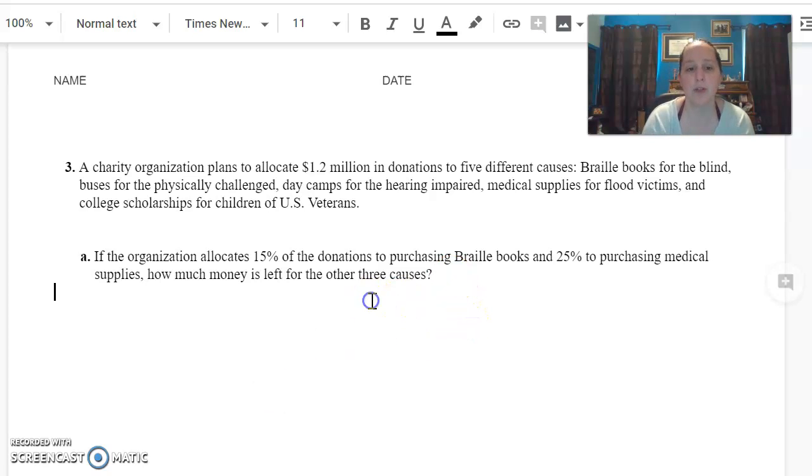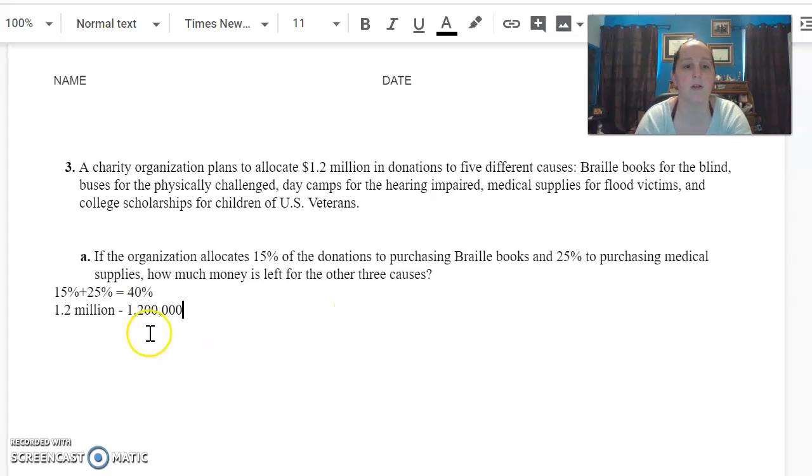So there's actually a couple different ways to do this, but what we can do is add these two together. So 15% plus 25%, which is 40%. And then you can take the 1.2 million, which can be written as 1,200,000.